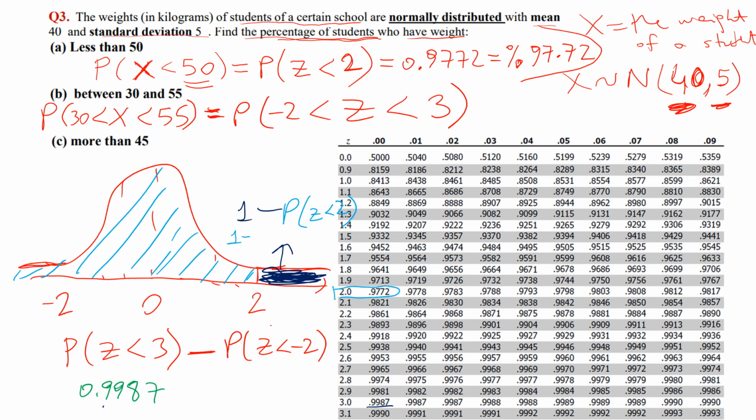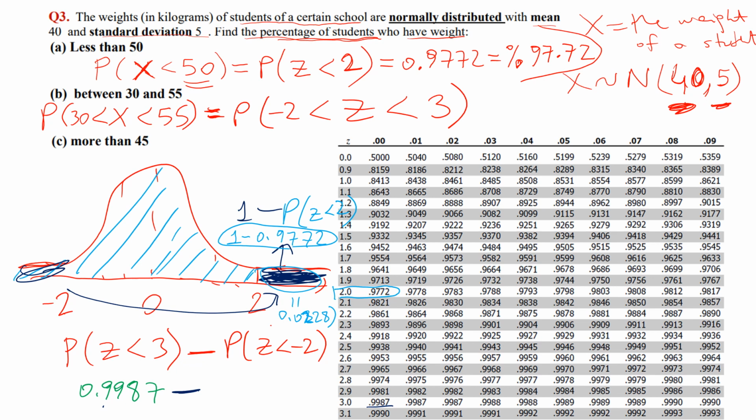So this has to be 1 minus 0.9772, which is 0.0228. So now we found this one by using the symmetry.